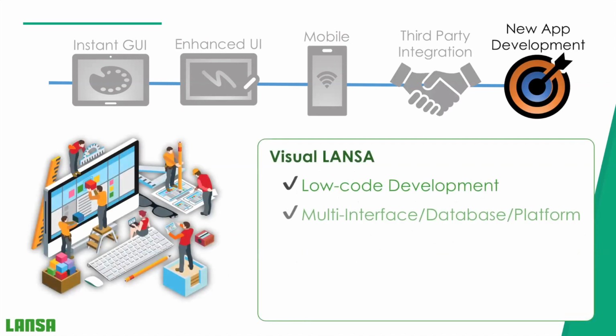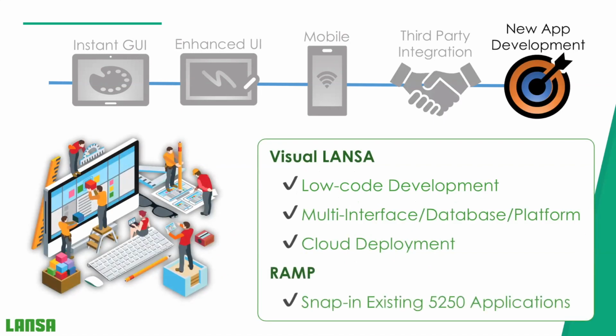So when we're talking about new application development, I guess one of our best solutions is to use a solution such as Visual LANSA. It's a low-code development environment where you can use multiple interfaces, databases, and platforms. And of course, you can deploy it in the cloud. But something that is very important, and I guess Eugene just mentioned it, is you can leverage all your RAMP with RAMP.